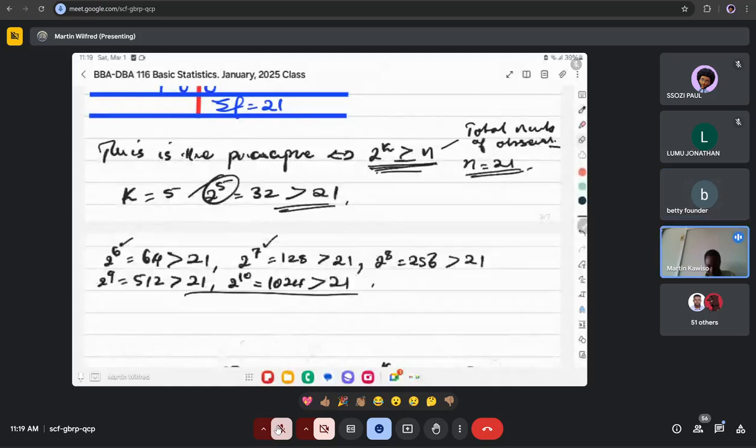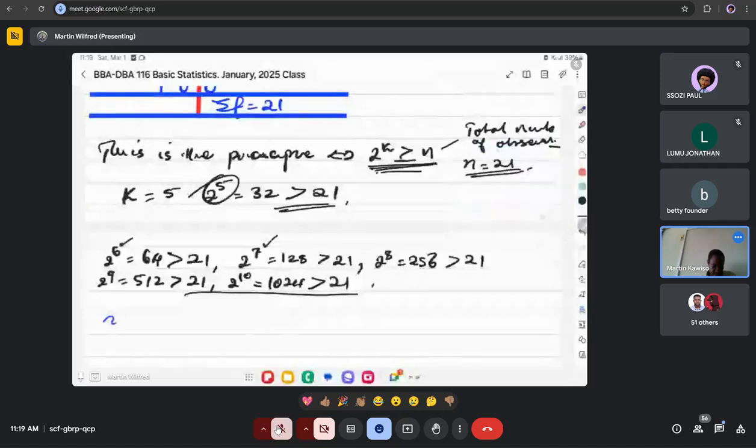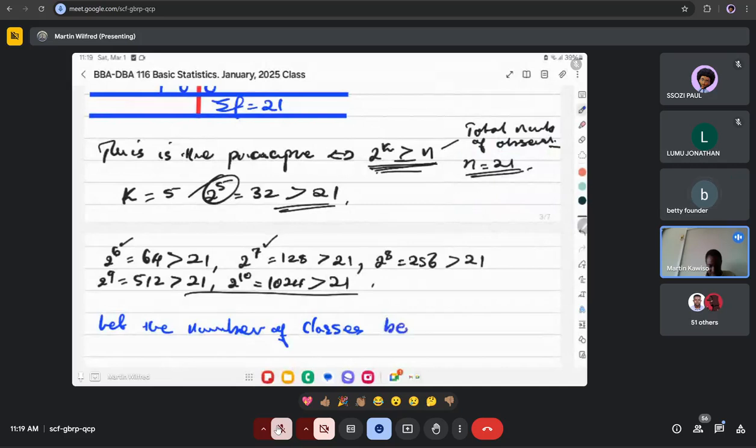Okay, if we take, we are saying, let the number of classes be 10. Because we have seen when we raise 2 to power 10, we are getting 1024, which is greater than our observations that are 21, isn't it?